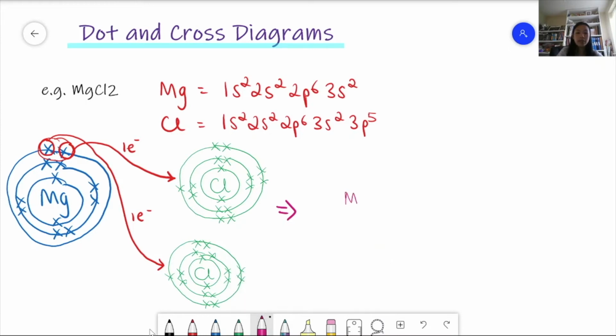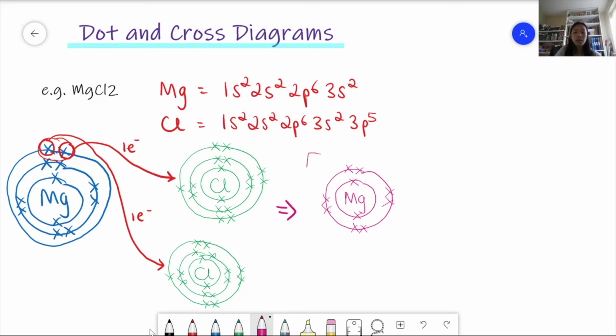The magnesium will be a magnesium ion, but it's lost 2 electrons, so it only has 2 shells now. And it still has 2 in the first shell, and it still has 8 in the second shell, so that hasn't changed. But it now has a full outer shell, so a noble gas configuration. And all atoms actually want this because they're more stable when they've got a full outer shell.